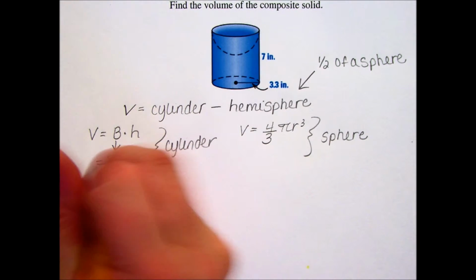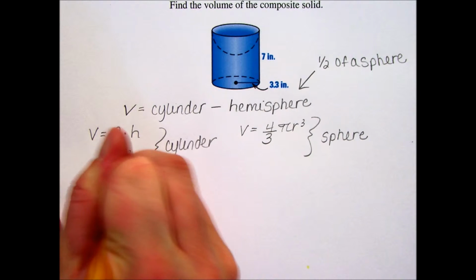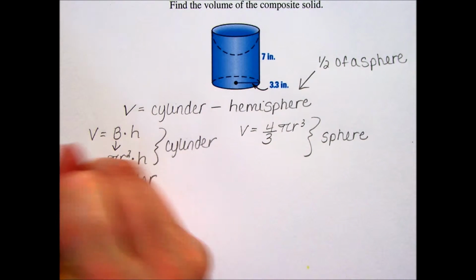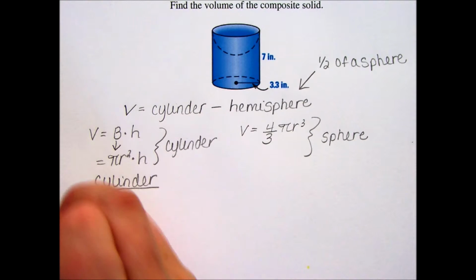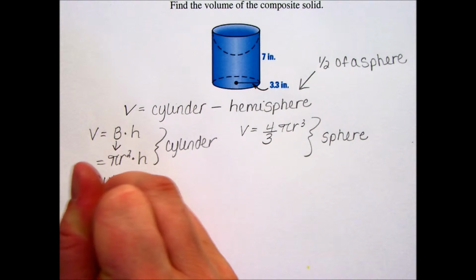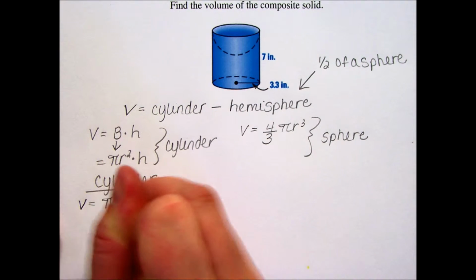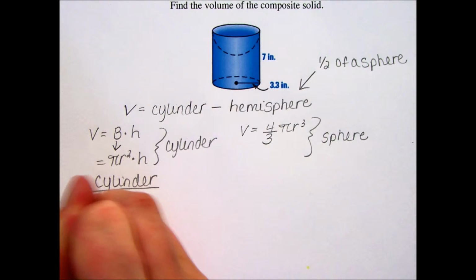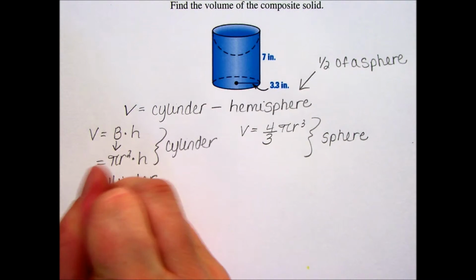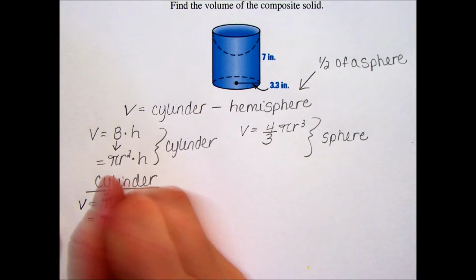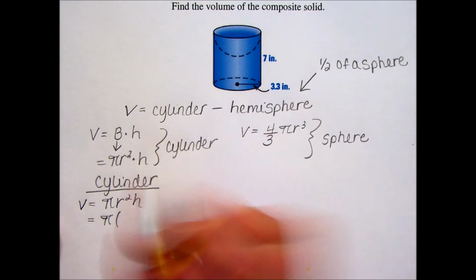So to start, let's find the volume of the cylinder. V equals pi r squared times h. And in this problem, r, which is the radius, is 3.3, so we will replace r with 3.3 in our formula.